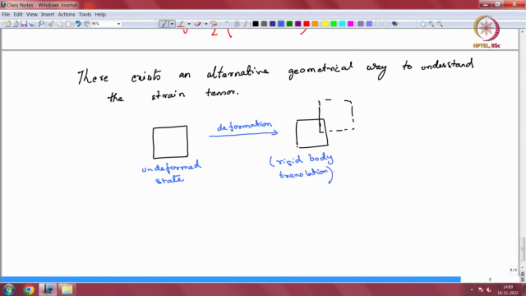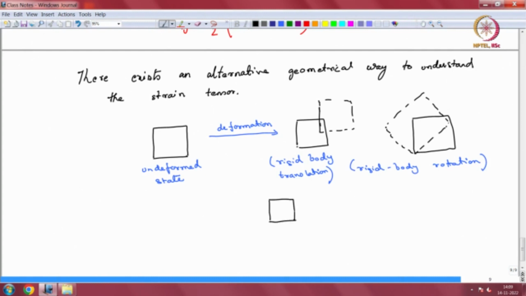or it can undergo, let's say you have this box, it can now undergo rotation. This is the same box, by the way. So pardon my drawing, things changing a little bit. So rigid body rotation, or it can scale. So it can scale on either of the two axes in this particular case.